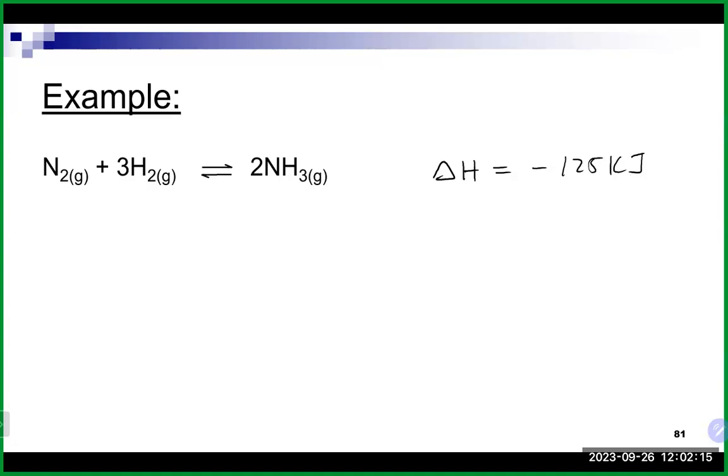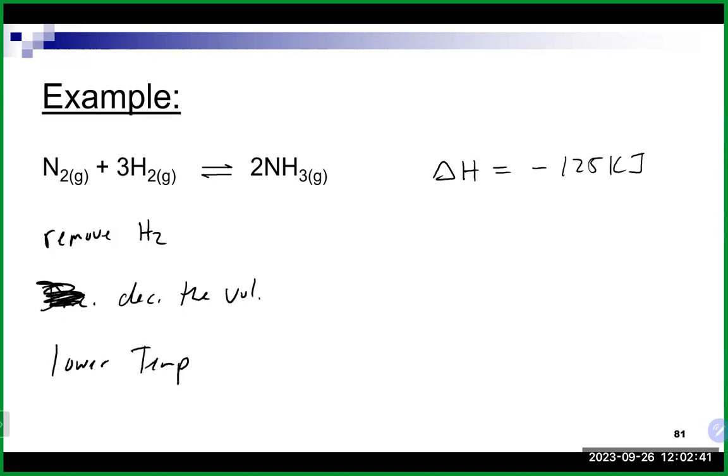All right, so I want to know what will happen in this situation if I remove H2. Actually, let me do this. I decrease the volume. I lower the temperature. I add some N2.